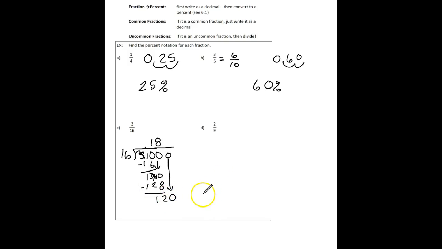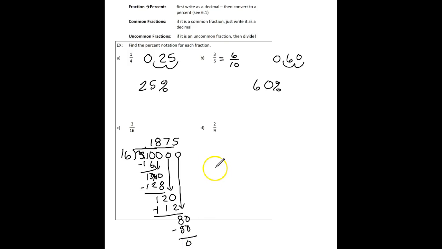So now how many times does 16 go into 120? Well, I believe that's going to be 7 times. 16 times 7 is going to give me 112. And when I subtract here, I'm going to get 8. One more 0. And of course, 16 goes into 80 5 times. So that is our 0.